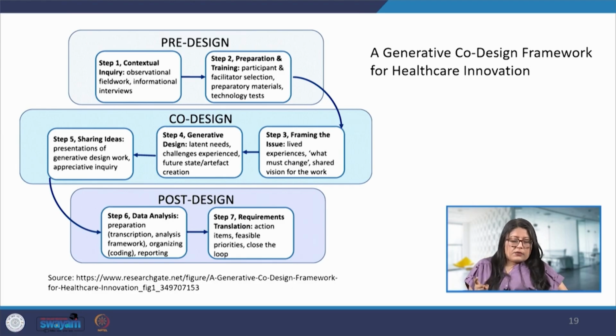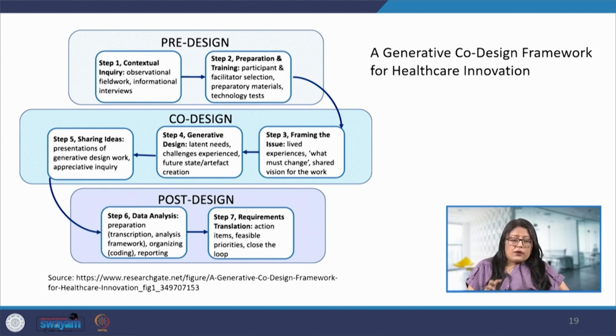The second is the preparation and training. Now, depending on what kind of innovation we are coming up with, there is the participant selection, whatever material we may require, and any technology that we may be trying to apply, applied science or any other field.